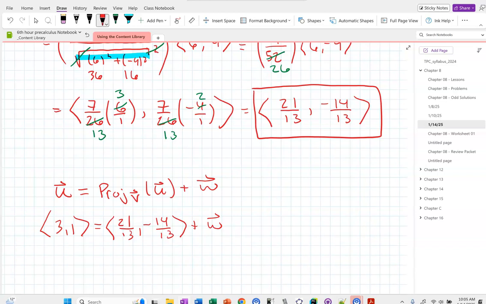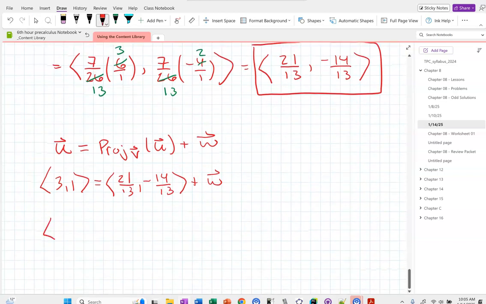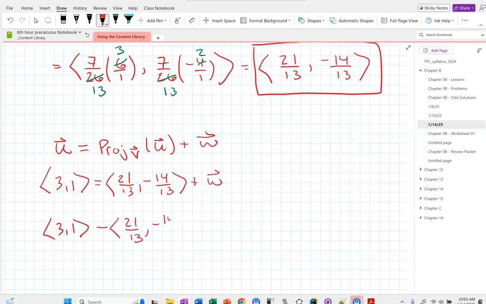And we still need to find w, right? What do I need to do to both sides of this equation to find w? I'm just going to subtract the projection vector from both sides, right? Just like algebra 1. We're doing the same concept, but instead of a number, we have a whole vector.